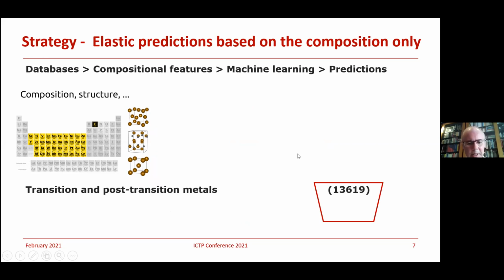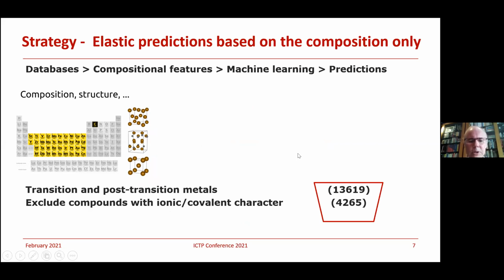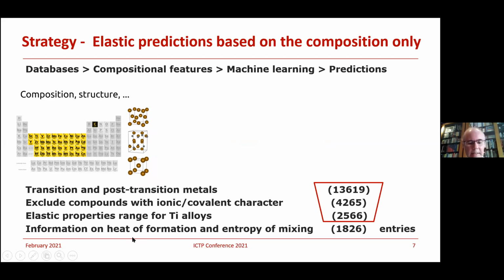Now you filter out even more. You exclude any ionic or covalent character of those systems. Then you also look for elastic properties in the range of titanium alloys, which is interesting for us. And finally, the information that comes from the heat of formation and the entropy of mixing. So this gives us around 2,000 entries.